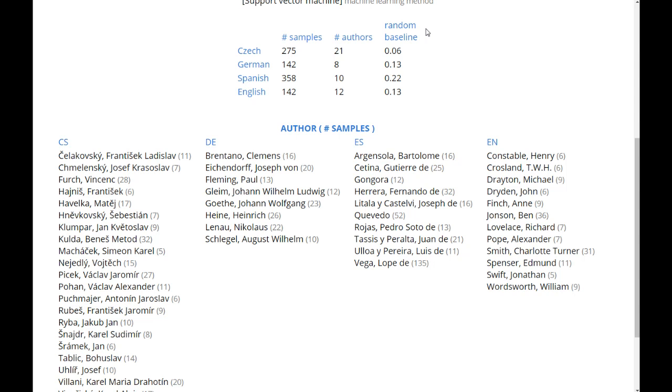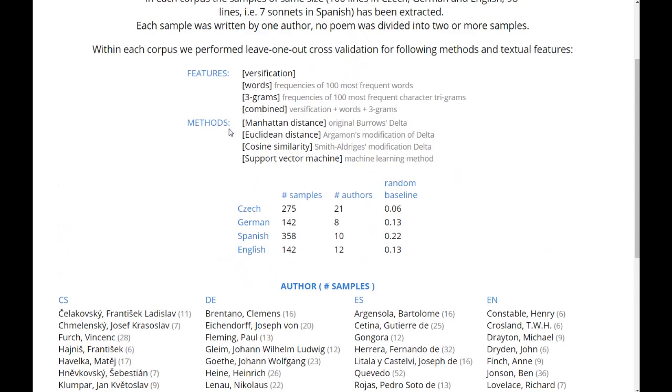What would be the most probable accuracy? So in Czech, we would most probably correctly attribute only some 6% of samples, and the value is a bit larger in other corpora, just because we are not dealing with so many authors there. This is the list of all the authors and the numbers of the samples.